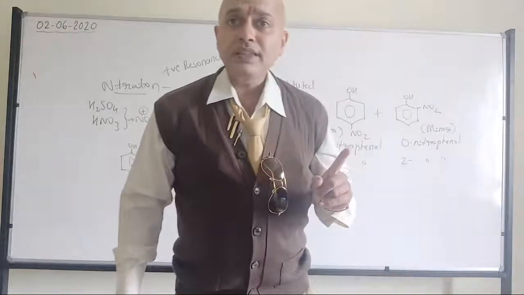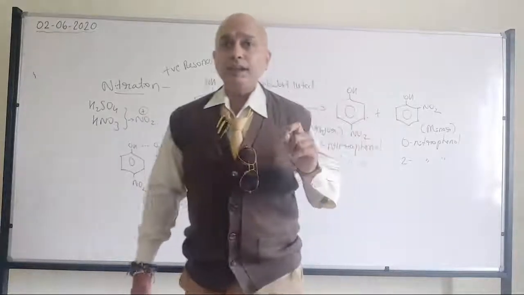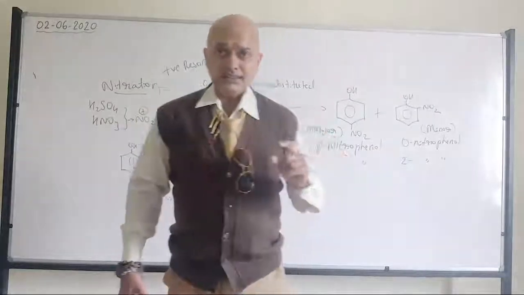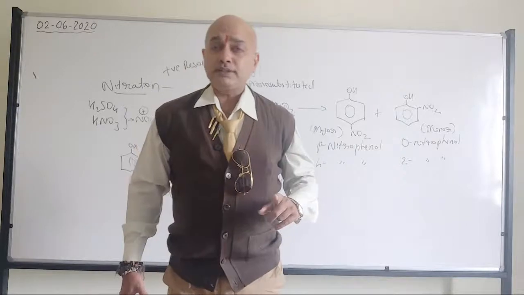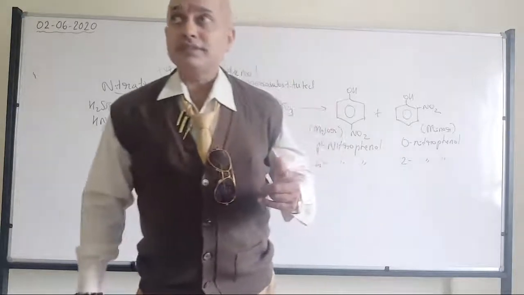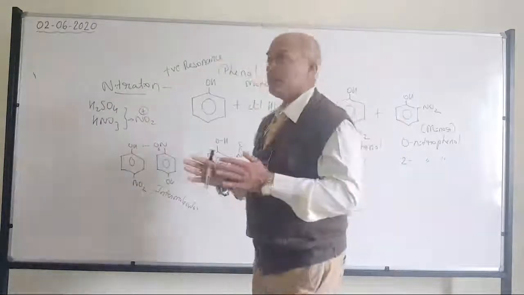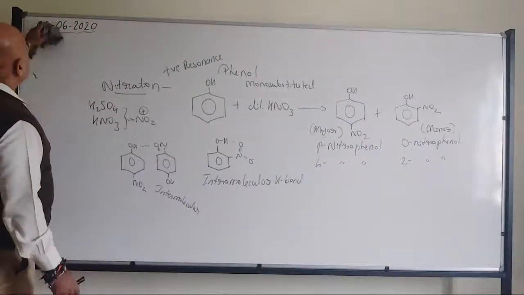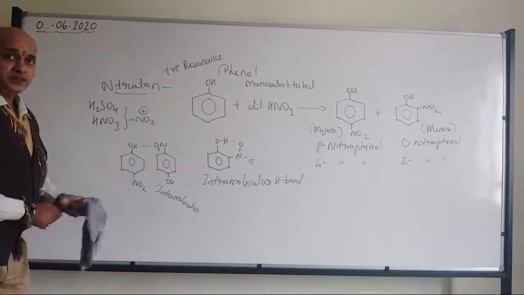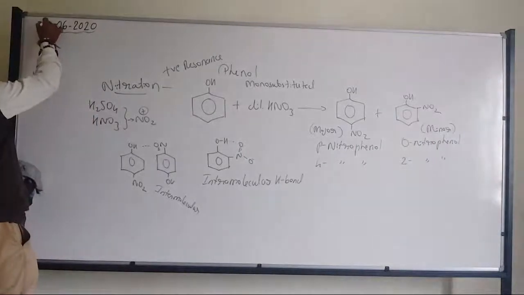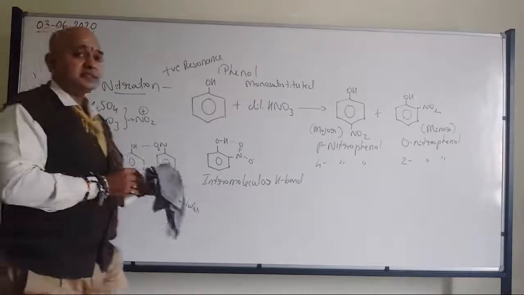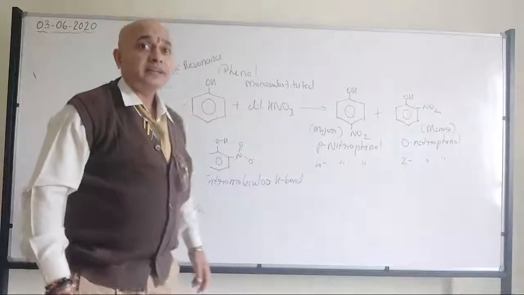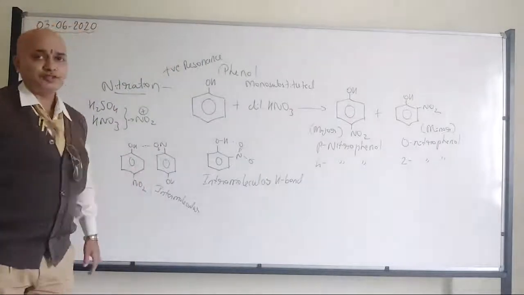Whether I am clear? So why orthonitrophenol and paranitrophenol can be easily separable? That is due to their difference in melting and boiling points. Now why they differ? Normally they differ from each other, but here they differ with a larger value. What is the reason? The reason is the intermolecular hydrogen bond and intramolecular hydrogen bond.